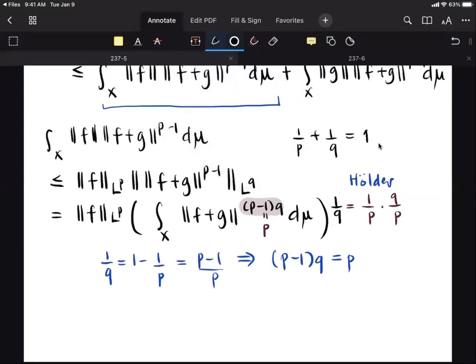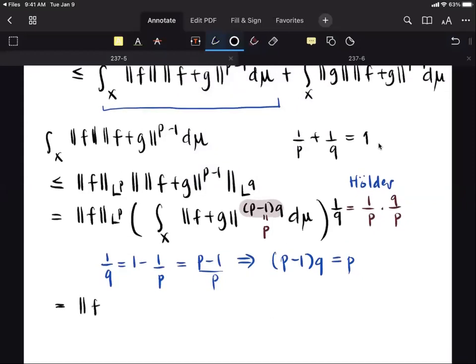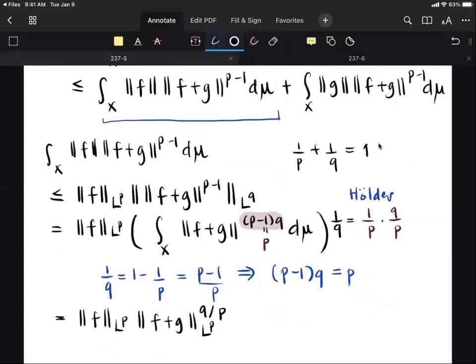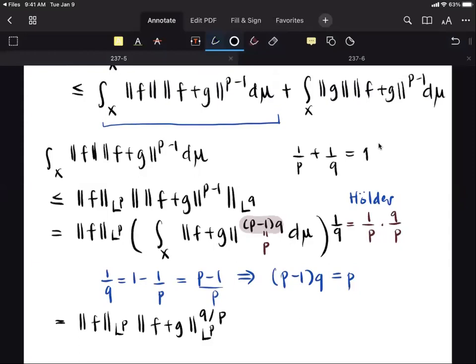So with this, we can write down the second term as the LP norm, because now the power here is p, and then you have the reciprocal of p here, but you need to adjust this to q over p due to this extra power. So that estimates the first term, and you can also do it in the second term.